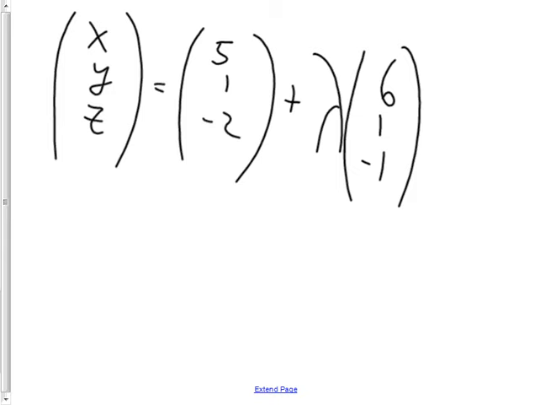Now, if I was going to go from the pink to the yellow, then I could go the long way, which is I'd go 6 to the right, then I'd go up 1, then I'd go back 1, and that adds up to 6, 7, 8 feet. And that's about how far apart they are.